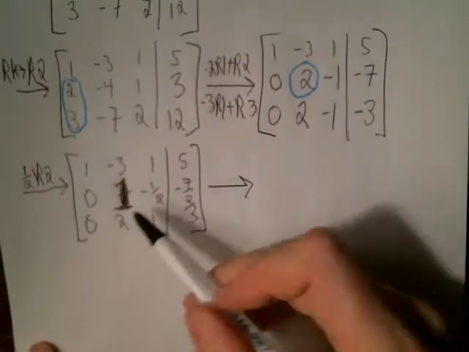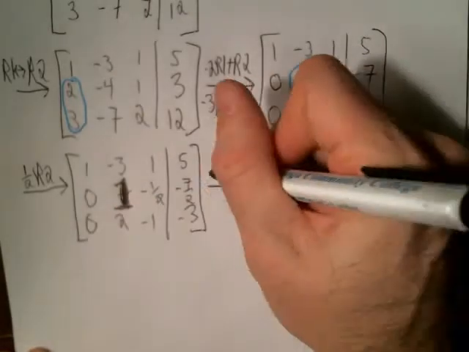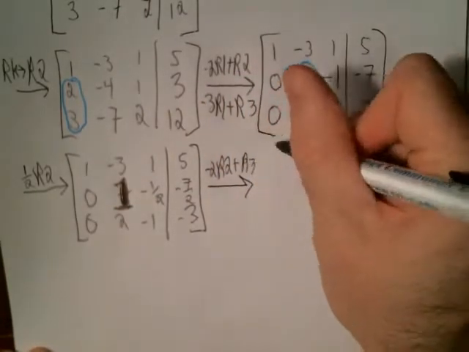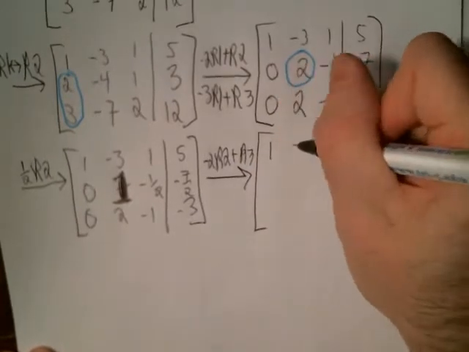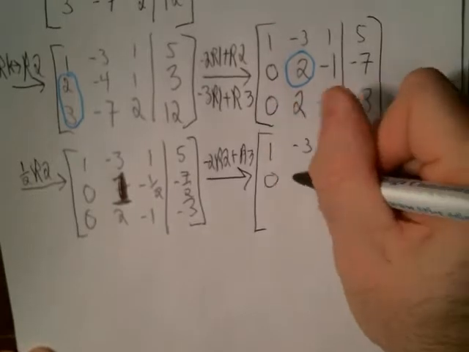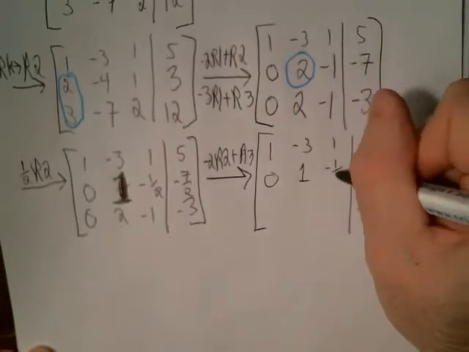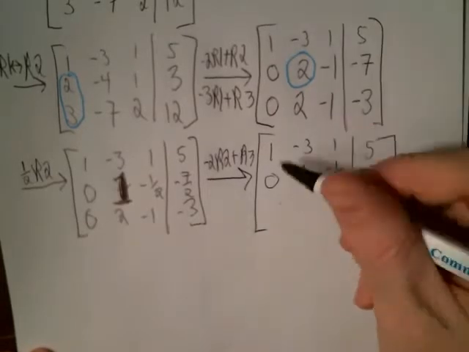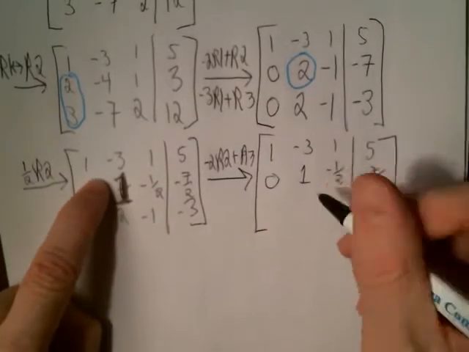Okay, so then I'm going to multiply this by negative 2 and add it to row 3. And something odd happens, right? So negative 2 times 1 is negative 2.